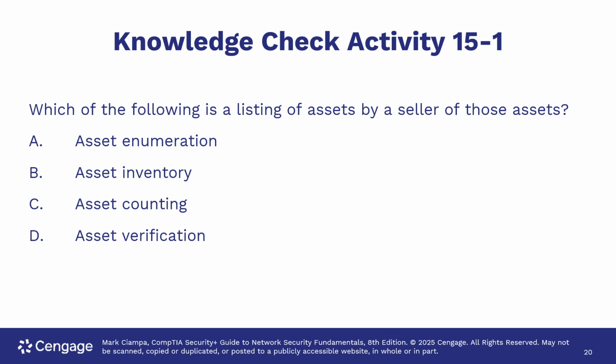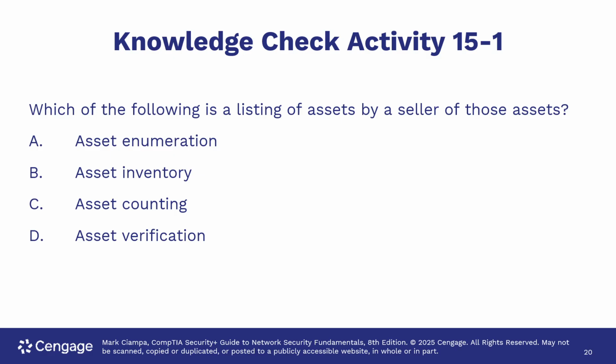So here's our knowledge check activity number 1 for chapter 15. Which of the following is a listing of assets by a seller of those assets? Is that asset enumeration, asset inventory, asset counting, or asset verification? Well, a listing is not counting and probably not verification, so it's going to be A or B as we narrow these down.